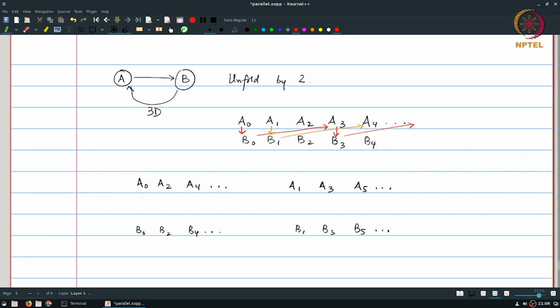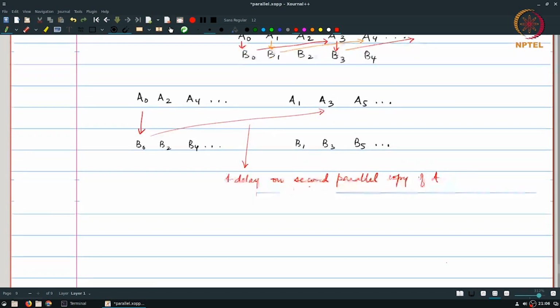I have a dependency from A0 to B0, but from B0 to the next one, A3. That is to say, the one delayed version on the second copy of A. So in other words, it's important to understand exactly what this dependency edge implies. This is a one delay on the second parallel copy of A. Drawing this out will probably make it a little bit easier to understand.